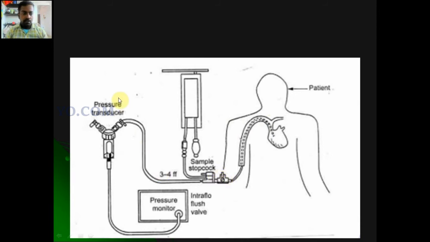The blood flows through this tube. Then here we have the blood pressure transducer, which converts the blood pressure into electrical energy. This is a monitor. So this is a diagram of the direct method.